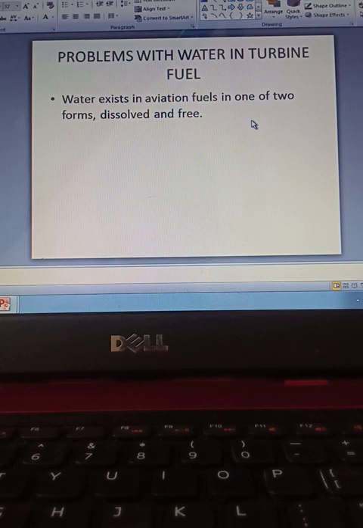Second, water. Third, kanang mga surfactants and microorganism. So mao nay mga contaminants kinahanglan nga ato na siyang ma-eliminate. So those are the fuel contamination.